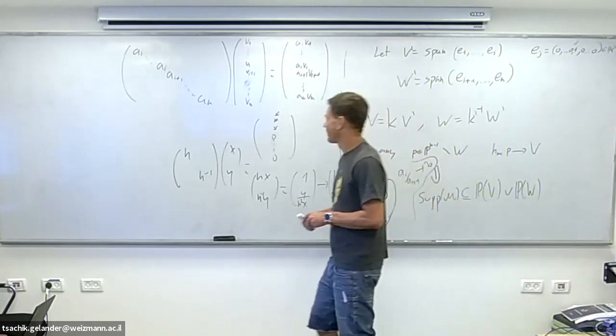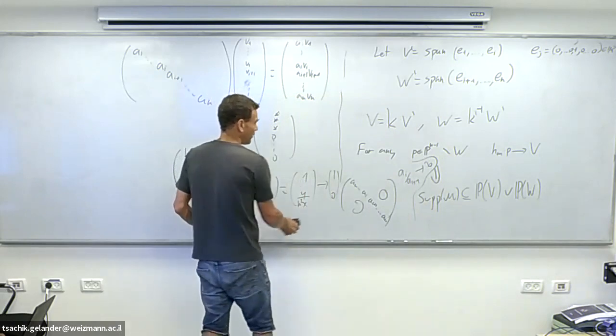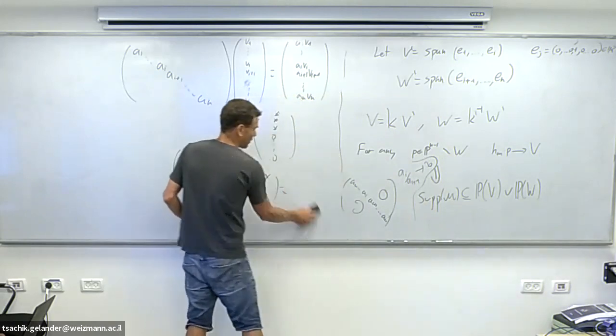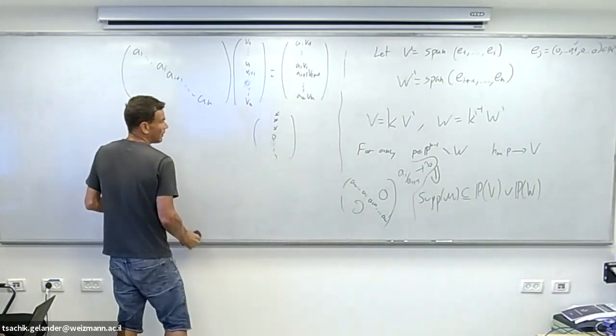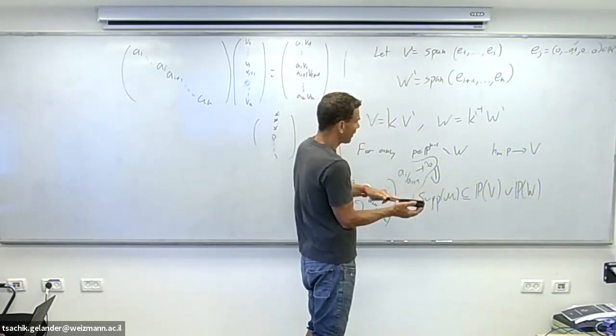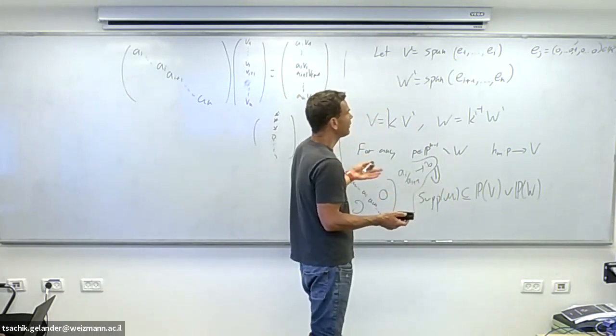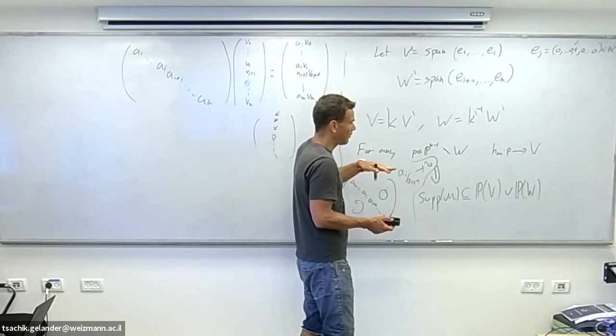Okay. Why does it mean that the support of mu is contained in V union W? Mu is invariant. Yeah. And you see that everything which is outside, look at the restriction of mu to, look at what happened.